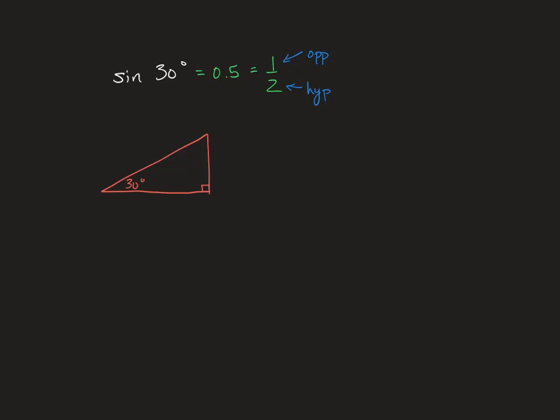And I know then that my opposite side is 1 as my hypotenuse is 2, or my opposite side has to always be half the length of the hypotenuse.